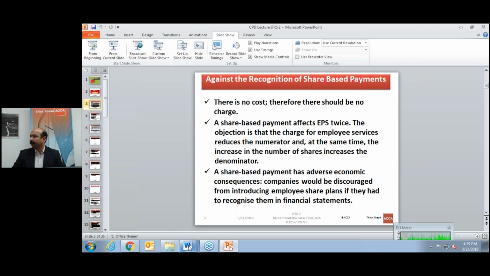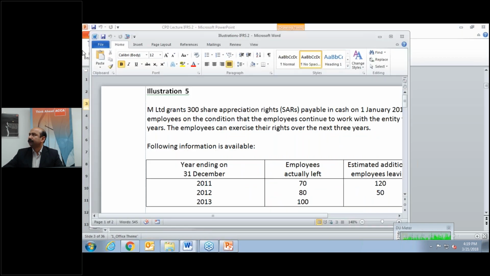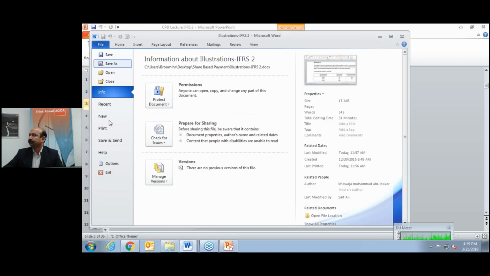Like I should use this Word document. New sheet.